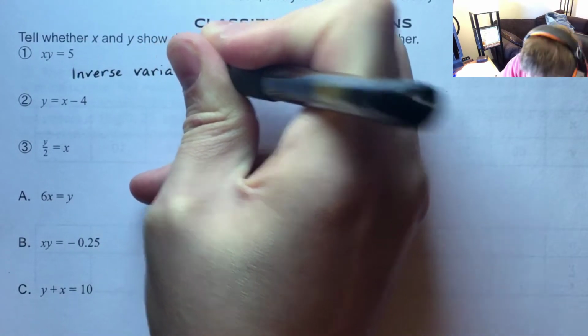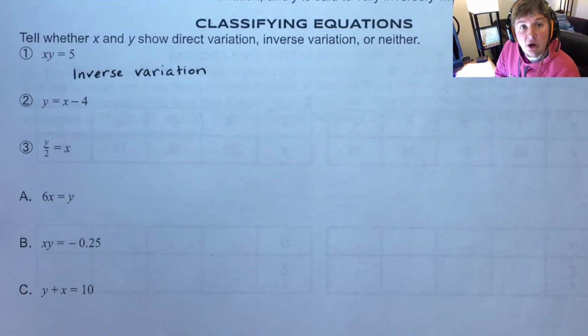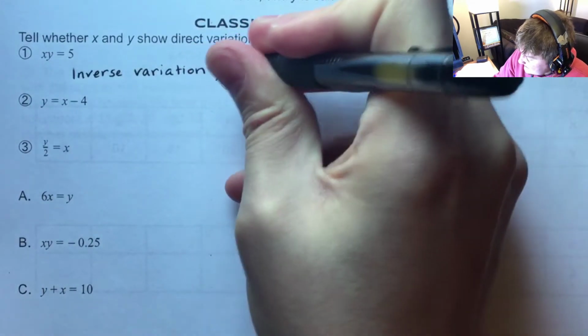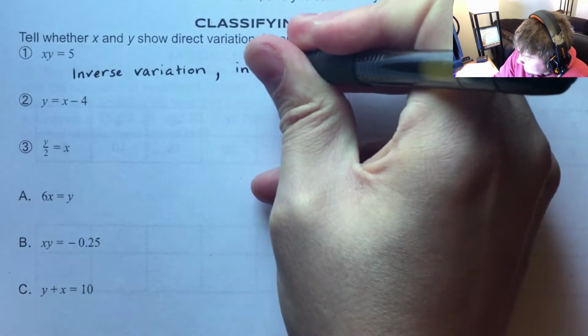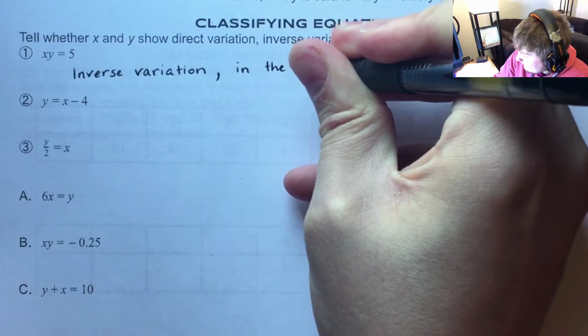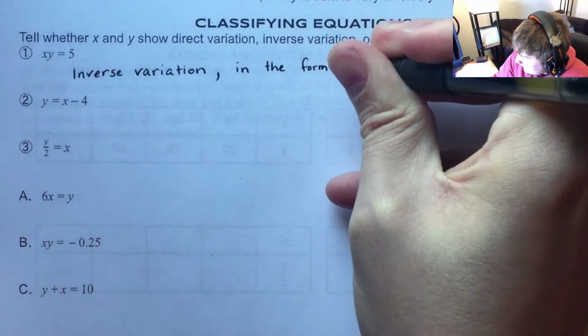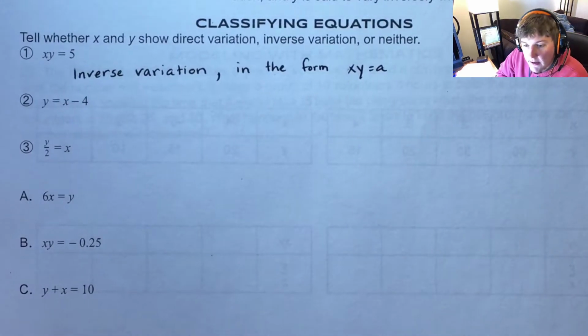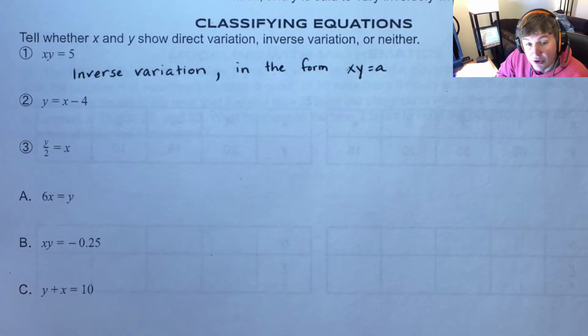And for the sake of our notes, I'm going to go ahead and put in a reason why I know this to be true. It's in the form xy is equal to a. Pretty straightforward.